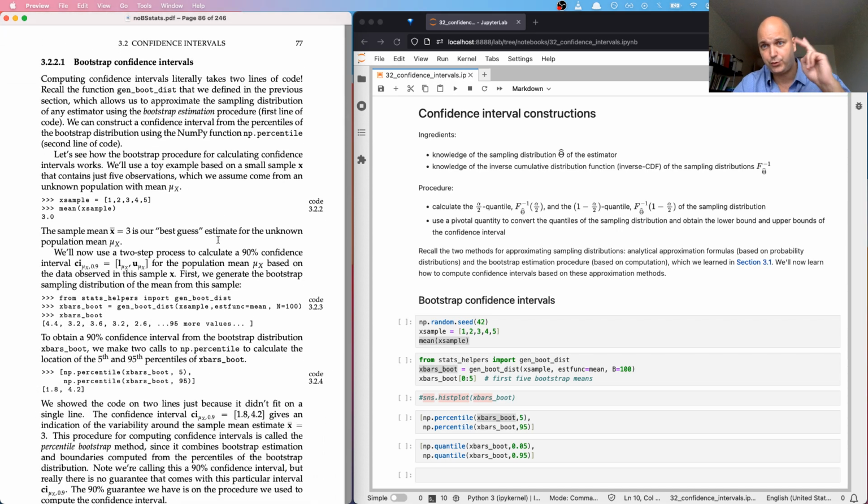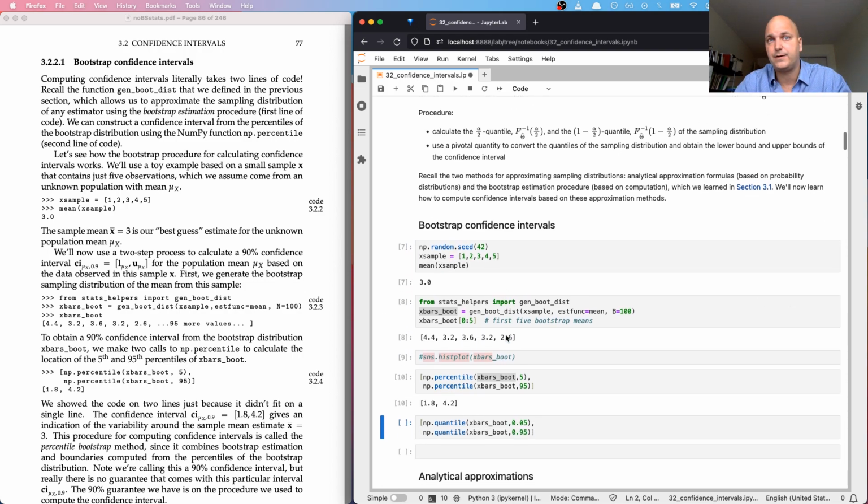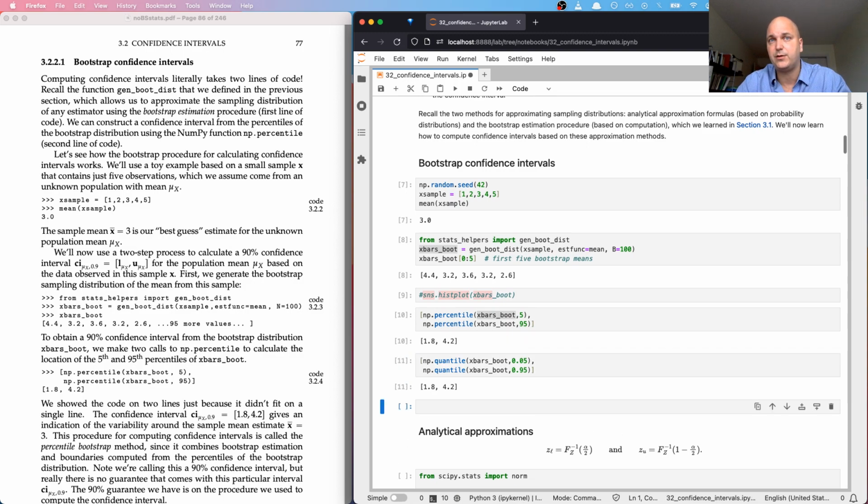We'll actually show two ways. Remember, we found a way to compute sampling distributions using bootstrap or using analytical formulas. We'll do the same thing with confidence intervals.